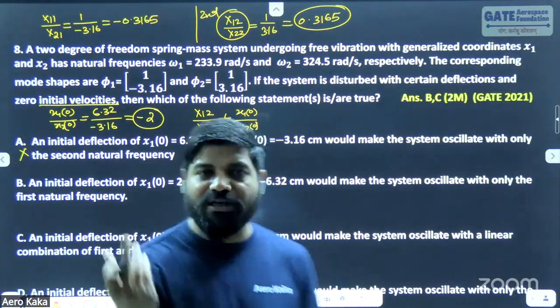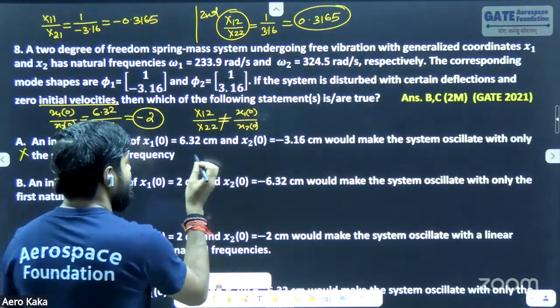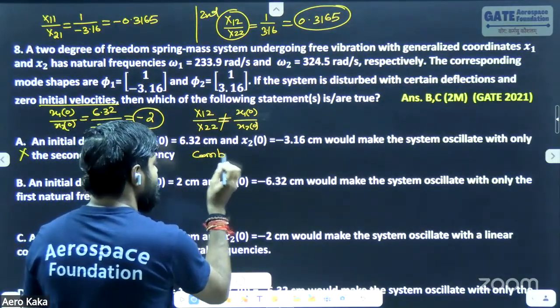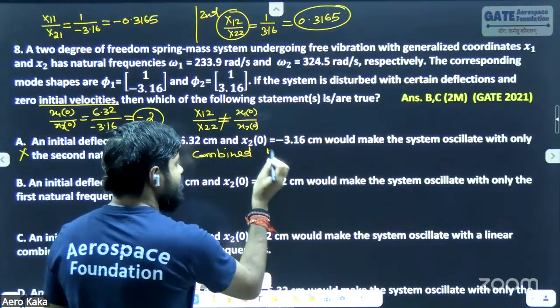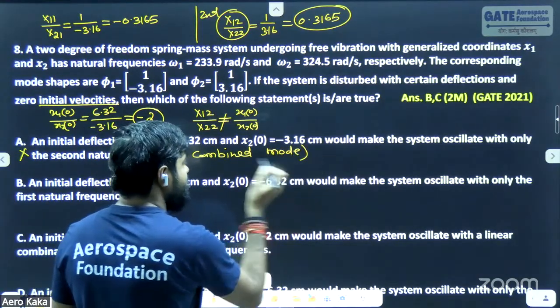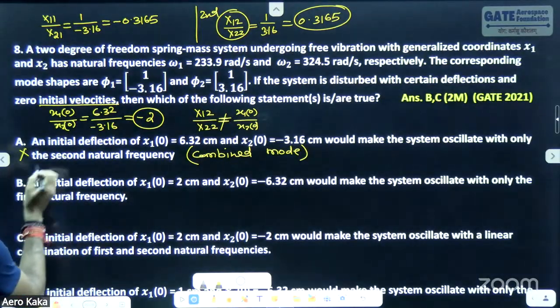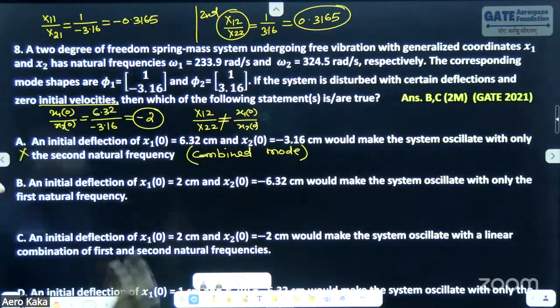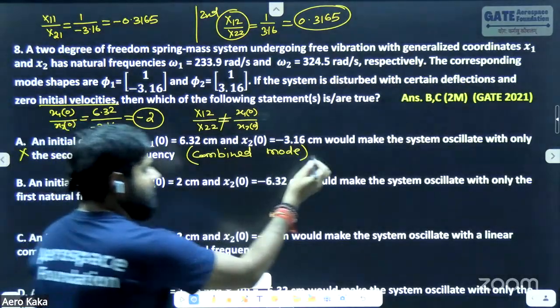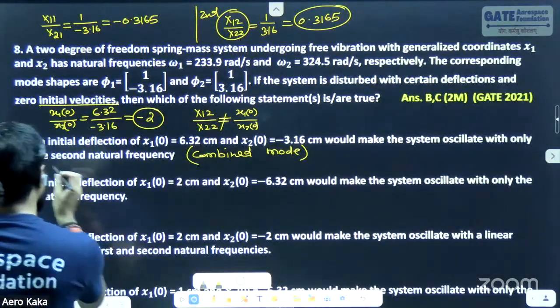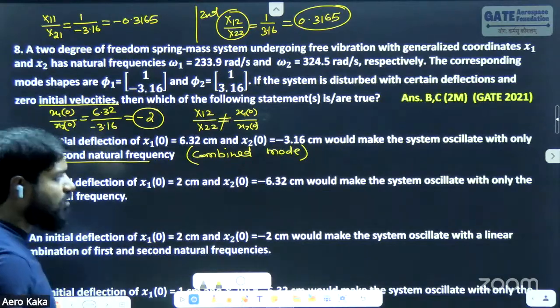It means it's a combined motion. So please remember, it's a case of combined mode of vibration. Are you getting why this is wrong? Because what they are claiming here is that it would make the system oscillate with only the second natural frequency. Wrong. Why?